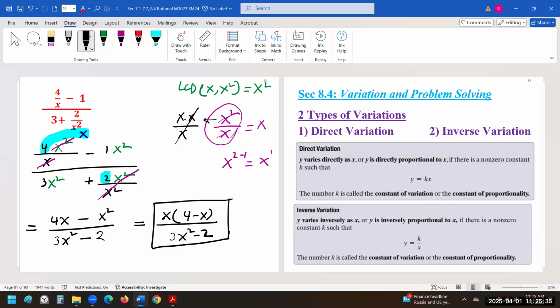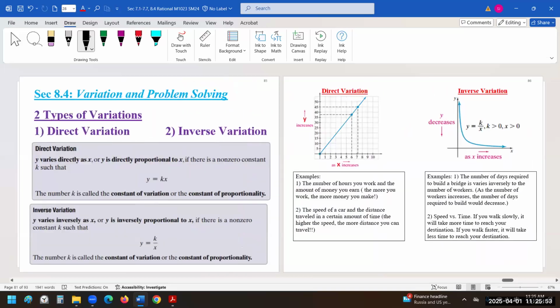So variation means how two things are related. And we have two types of variation in our life. Either two things are directly related, or they're inversely related. For example, number of hours versus your paycheck.